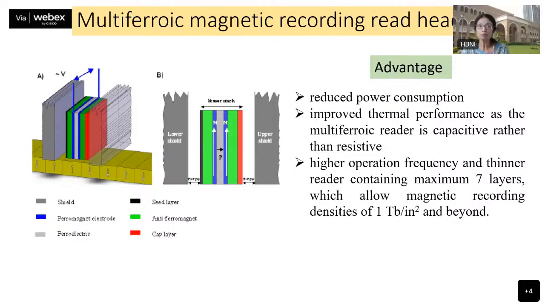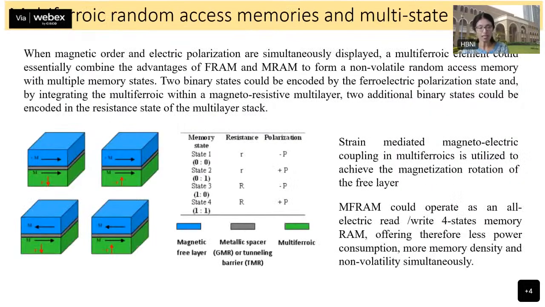As you remember, the multiferroic reader is capacitive rather than resistive. So higher operation frequency and a thinner reader containing maybe 7 layers allow magnetic recording densities of 1 terabyte per inch square and beyond. So there is a huge capacity increase if you are able to use these multiferroic magnetic recording heads.